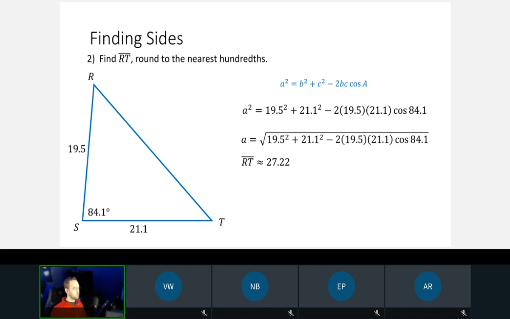So with this one, you have to be super careful with parentheses. Let me quickly type this in. Root of 19.5 squared.